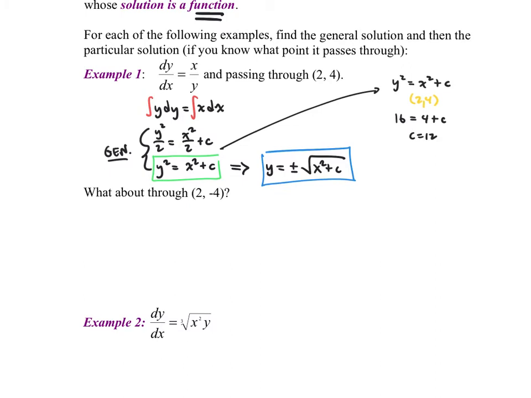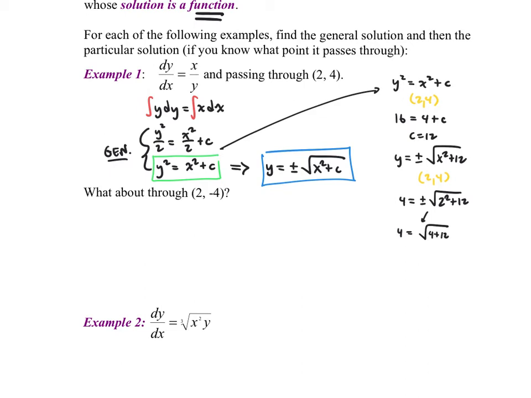Okay, so if I took this particular solution, which is plus or minus the square root of x squared plus 12, and I attempted to use my condition (2, 4), what you'll notice is that if I plug in a 2 and a 4, one of these plus or minus will not satisfy this particular point. Let's say I take 4 is equal to the positive square root of 4 plus 12, which is true.